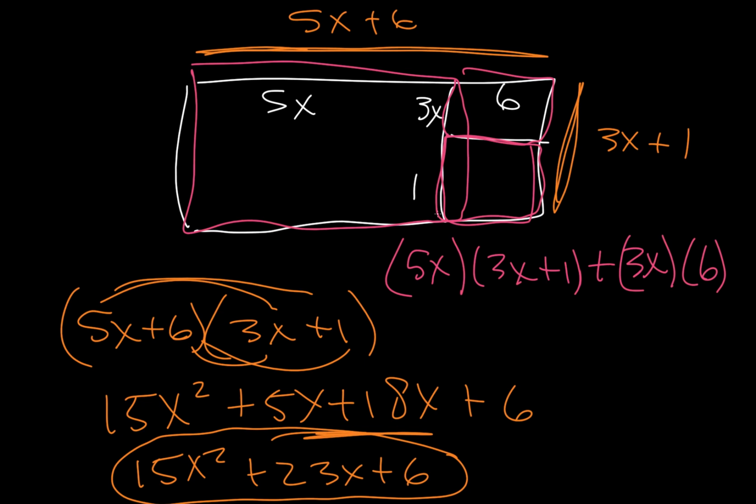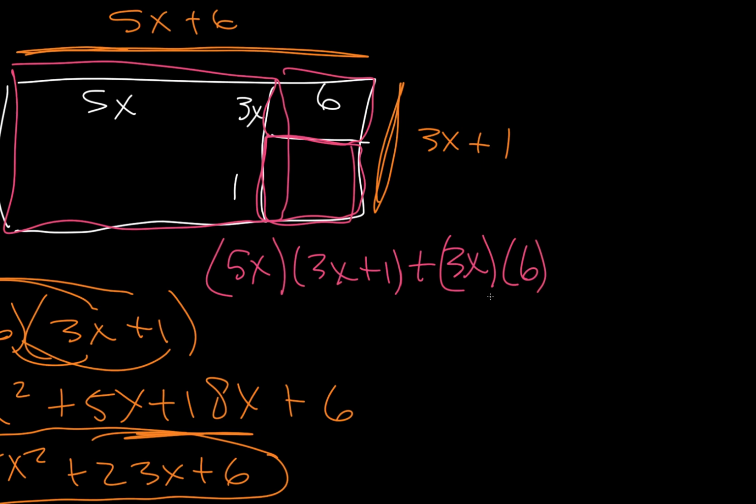Then we're going to add that to a 1 times 6 rectangle. Once again, it's just the length is 5x, height is 3x plus 1. Length is 6, height is 3x. Length is 6, height is 1. So we took each rectangle, found the area, and then added it together. So now we just need to simplify.